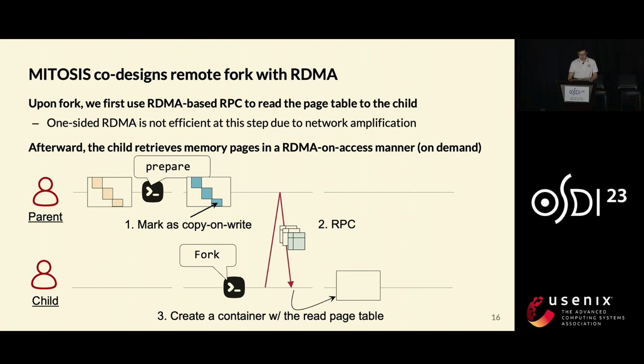After that, the forked container can continue to execute. During its execution, page faults will happen since the actual memory pages are still remote. In the page fault handler, the OS will use RDMA to retrieve remote memory pages on demand, which is similar to the original copy on write.